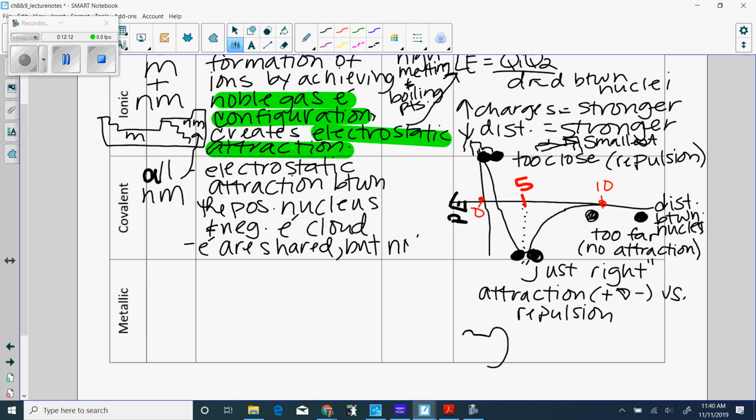So these questions have 2 parts to them. They have a why part. Why is the bond distance where it is? And they have a quantitative part. What is the bond length? Why is it when potential energy is negative, and why is it when it's at 0?